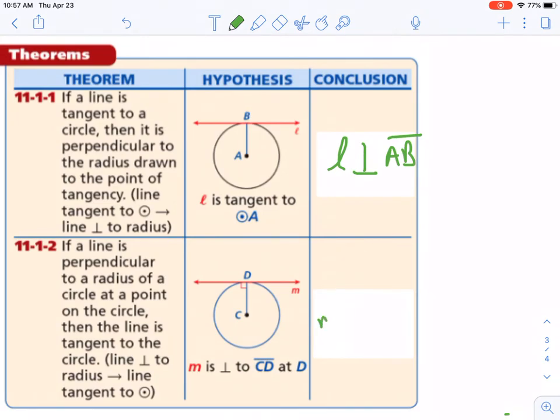So we would say line M is tangent to circle C.